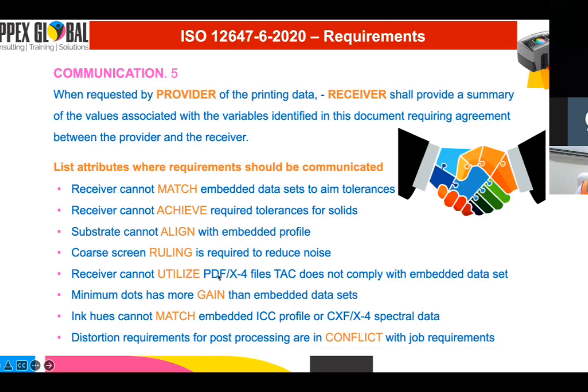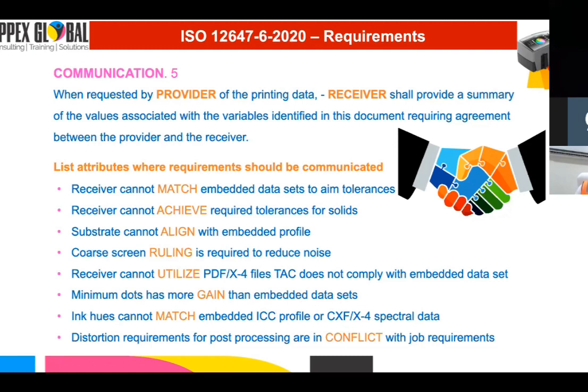This is part of the spec because for packaging, it has been so complicated and people using different software systems. For the -6 spec for flexography, it has actually been specifically spelt out. And in particular, PDF X4, that actually for all of them, but the CXF for spot color specification is primarily promoted here in -6.